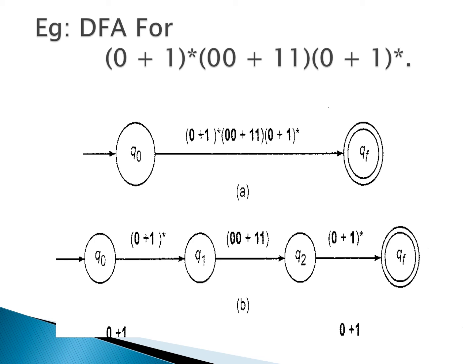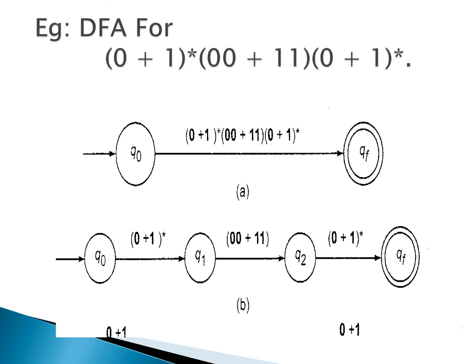In figure B, we split the regular expression into four states: Q0, Q1, Q2, and QF. From Q0 to Q1, there is a self loop of 0 plus 1 star. From Q1 to Q2, there is the 0 0 plus 1 1 string. And from Q2 to QF, again there is a self loop of 0 plus 1 star.